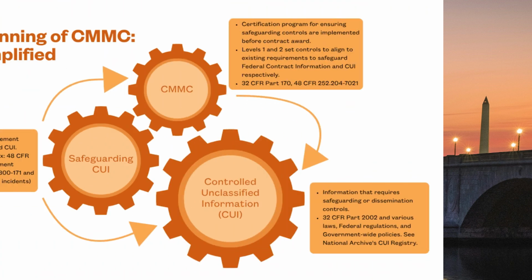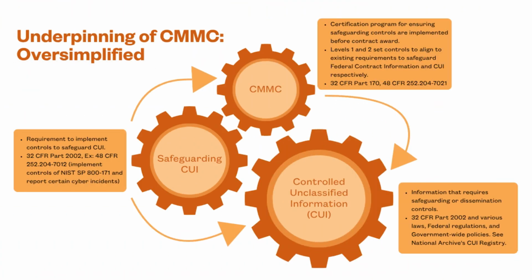I'm a visual learner, so to help explain the context for CMMC, I've prepared a very basic visual aid. Let's start from the bottom and work our way up to the top where we'll discuss CMMC, or at least introduce that topic. First of all, what is controlled unclassified information, or CUI?